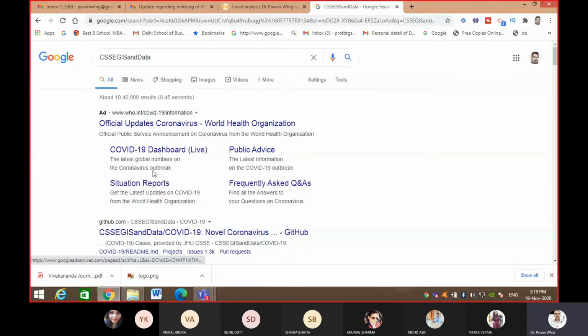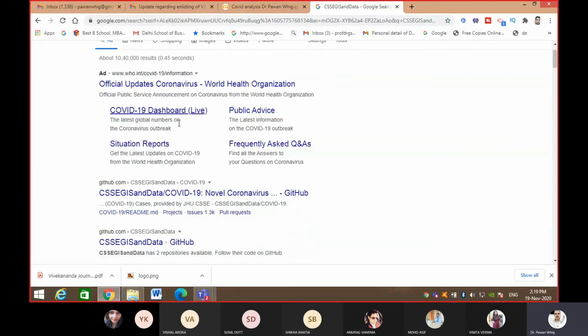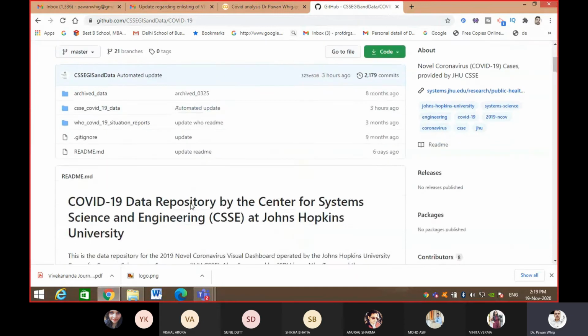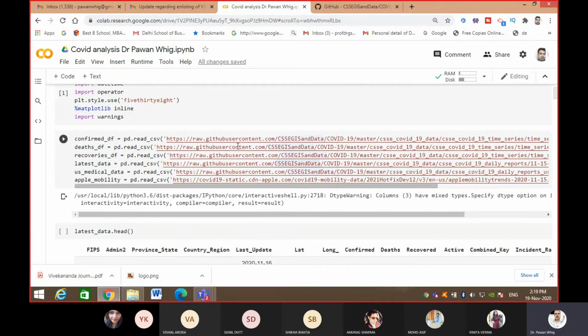You can find the COVID data dashboard live, and the data behind this dashboard they are getting from this website. So we are taking the real time dataset over here. This is a real time dataset of confirmed cases, deaths, recoveries, latest, and US military medical data and Apple mobility. So these are the several datasets from where you can fetch the data.